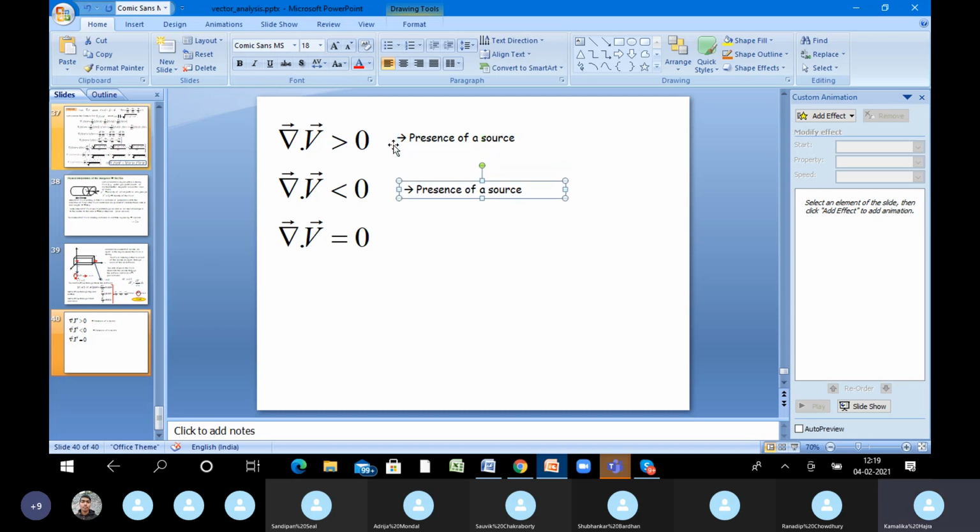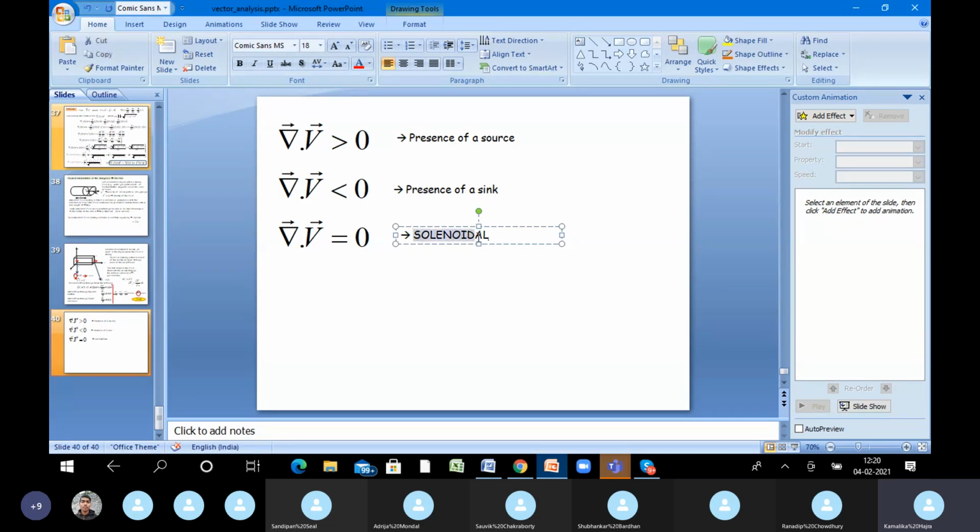If it is less than 0, it indicates the presence of a sink. And if it is equal to 0, then there is a special name for this vector. It is called solenoidal.